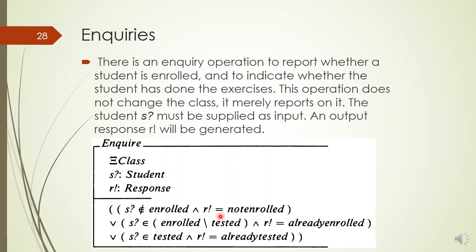The first response is not enrolled: if the input student is not enrolled, then the response would be not enrolled. If the input student is already enrolled, then the response would be already enrolled. And if the student is already tested, then the response would be already tested. So there are basically three kinds of inquiries.